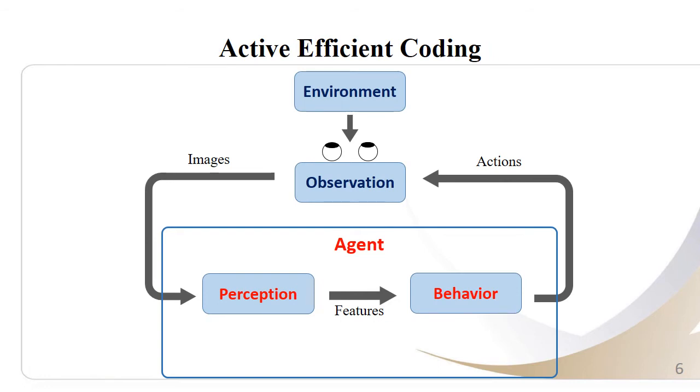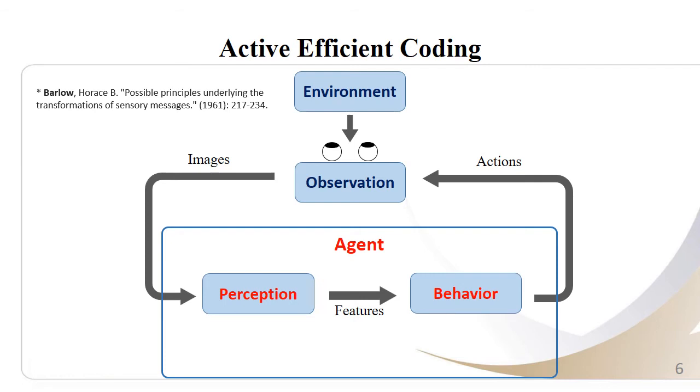To model the development of eye movements, we propose the active-efficient coding framework based on Barlow's efficient coding hypothesis, which suggests that sensory processing neurons should be adaptive to input distribution. Active-efficient coding is an extension of Barlow's hypothesis, which includes active behavior control.